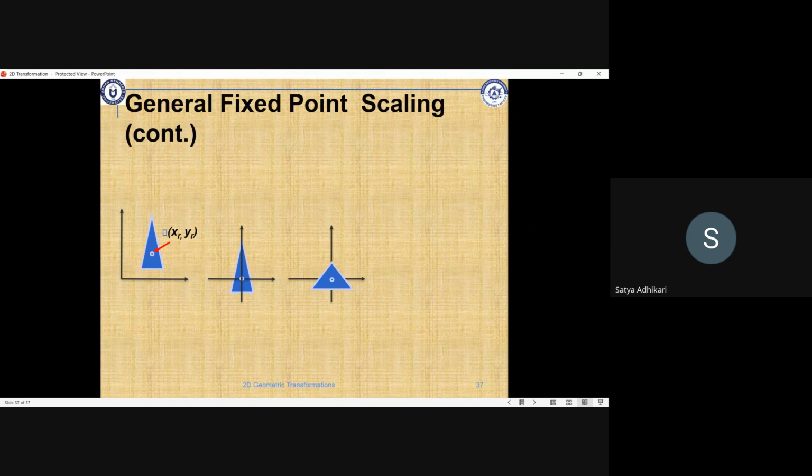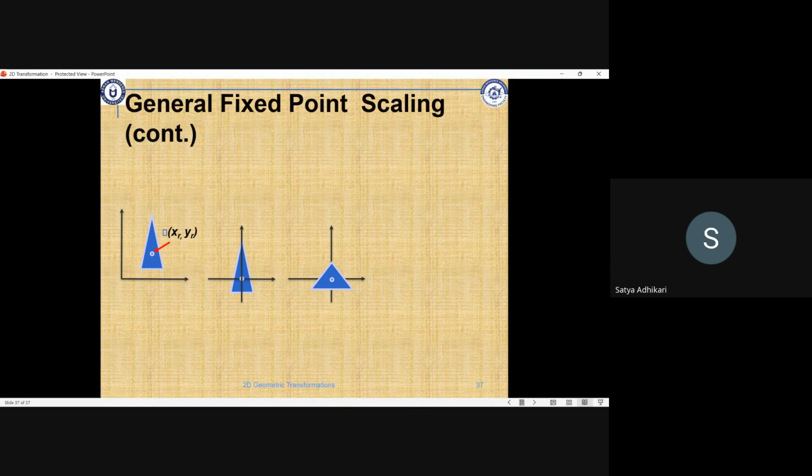Sx and sy we have enlarged. So now our work is to return back, that is, using inverse translation.